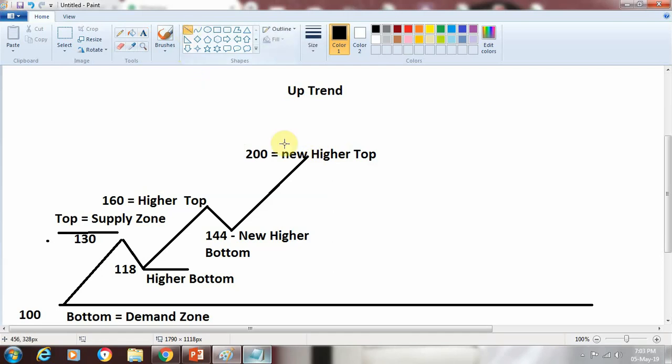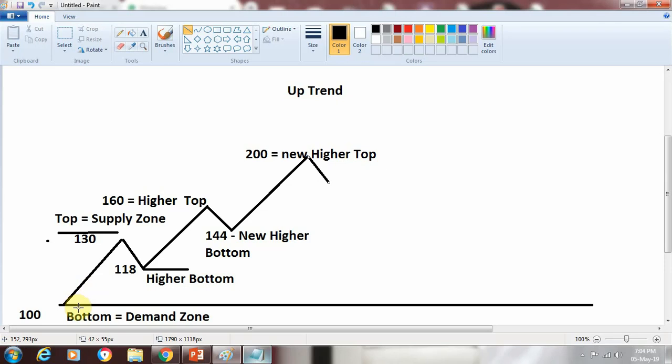So friends, from here it falls again, say till 185, and from here again I may see this as a new higher bottom. Now understand when we say that we are in an uptrend for a stock or a market.